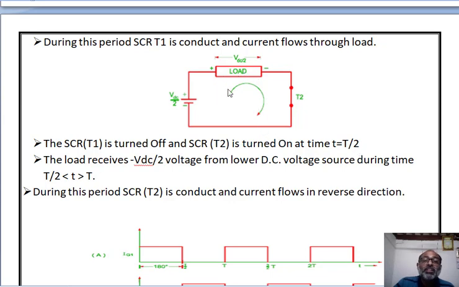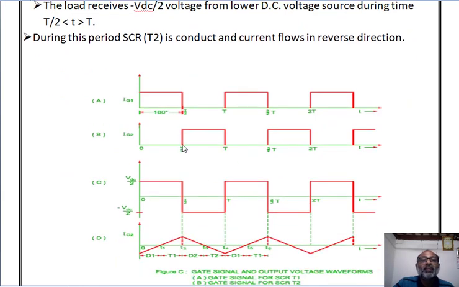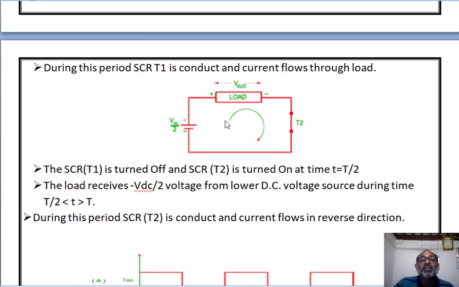So the load receives the voltage from the lower part of the voltage source during the time period T by 2 to T. Here you can see SCR T2 conducts from 180 to 360 degree. During this period you can see the current passing through this load in the reverse direction. That means the current flows during this negative cycle from left to right.